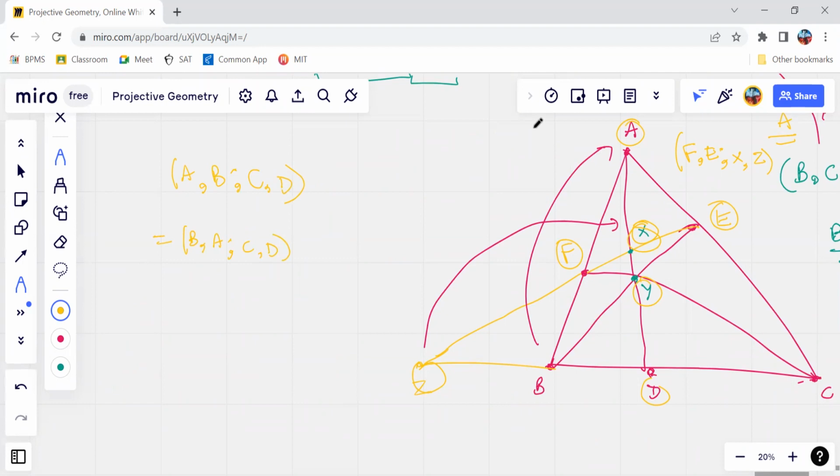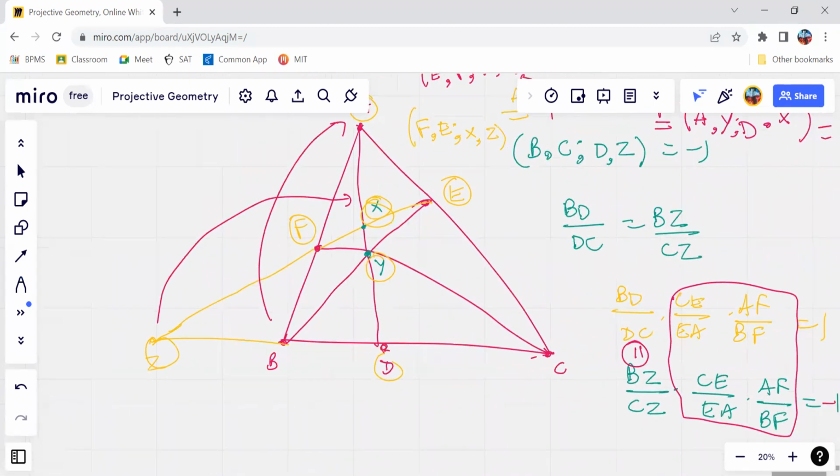And if you swap C and D, it doesn't matter. What matters is if you swap B and C, say. You can think of the semicolon as separating these two. If you swap things on one side, it doesn't matter. But if you swap, say, B and C, then the cross ratio gets negated. So the cross ratio ACBD would actually just be 1 and not -1.